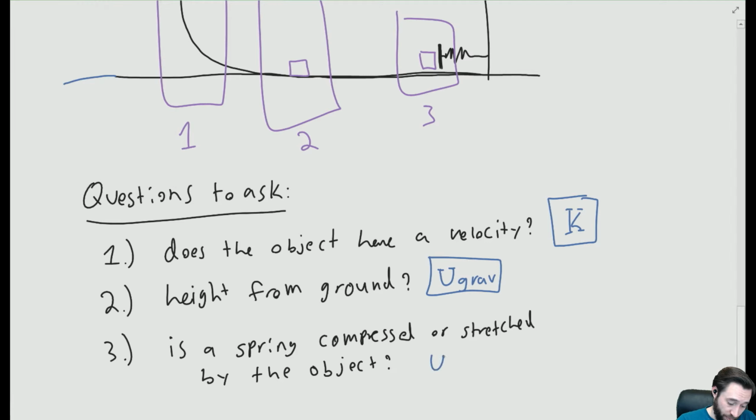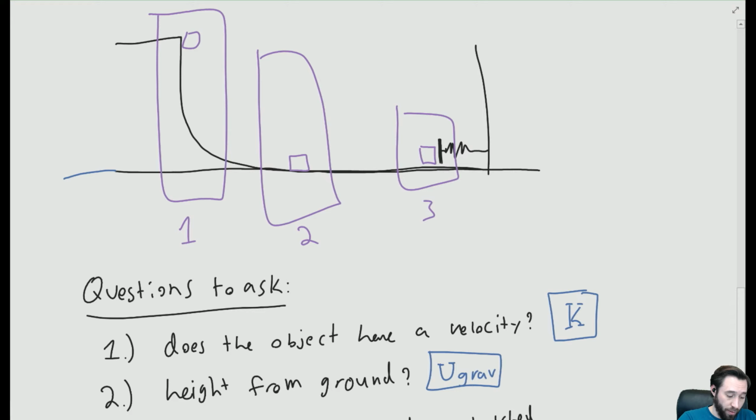This is going to be referring to U elastic. So at state 1, the box is over here. It hasn't even gotten close to the spring, so it's obvious that it's not going to be compressing it at state 1.